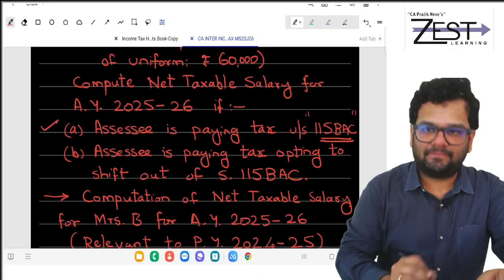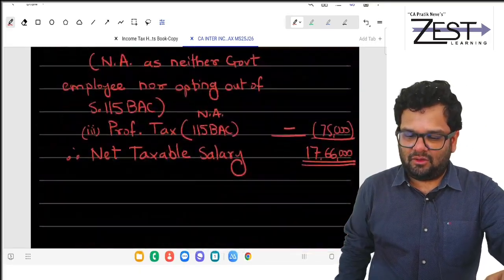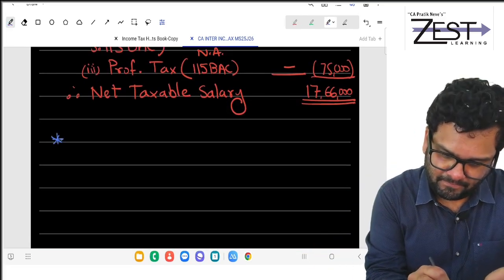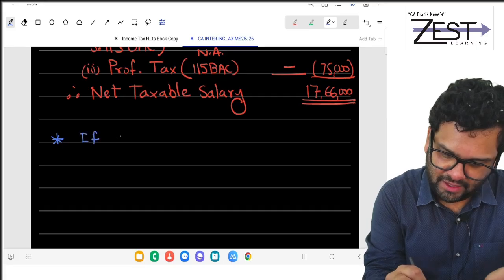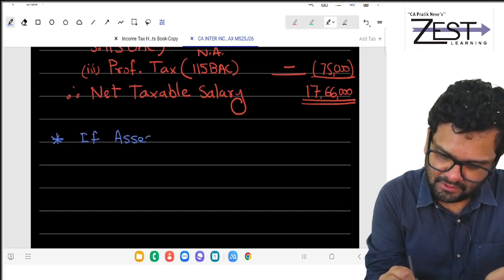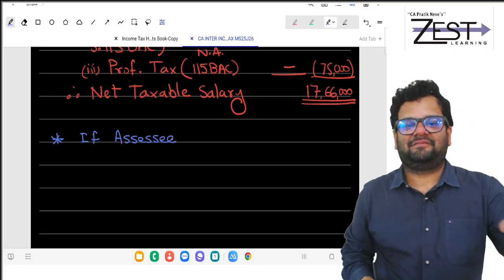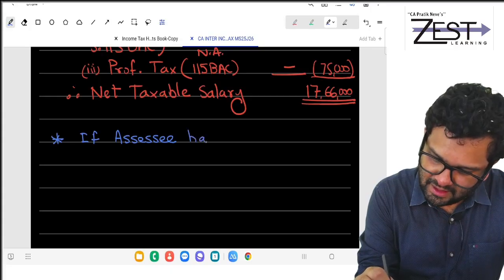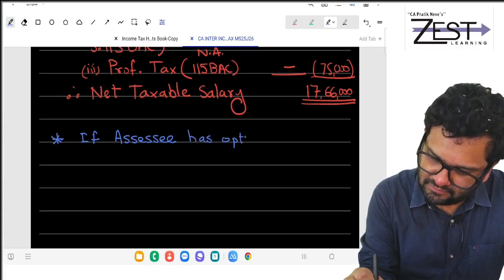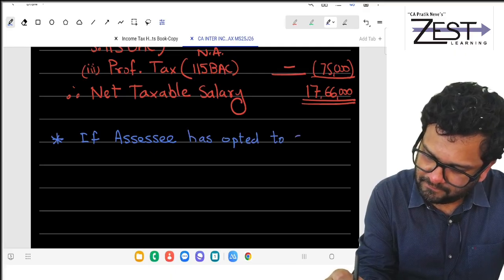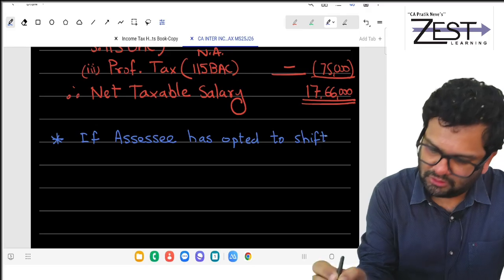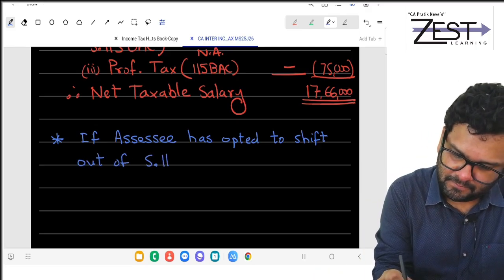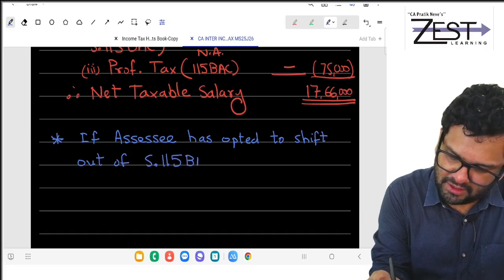Now go ahead and calculate. Write down, if the assessee has opted to shift out of section 115BAC. Now is the main working, no?